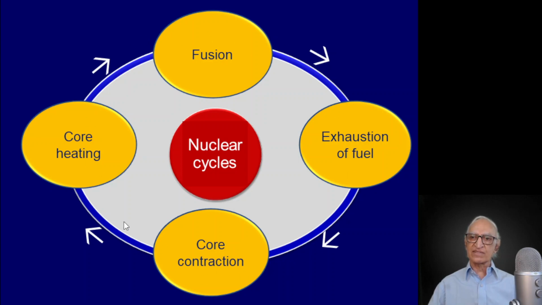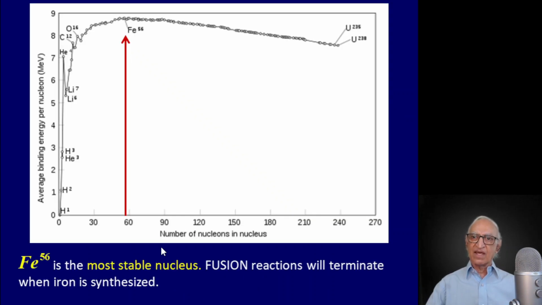These are the various acts of the stellar drama, if you like. The ultimate goal of fusion reaction is to start with hydrogen and end up with iron 56, which is the most tightly bound nucleus, because the binding energy per nucleon is the largest for iron 56 nuclei.